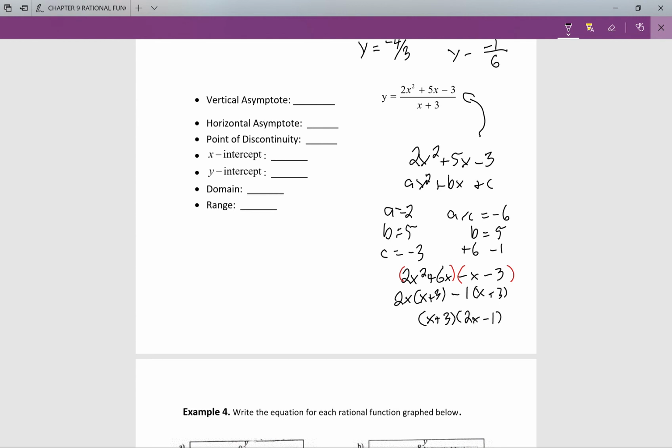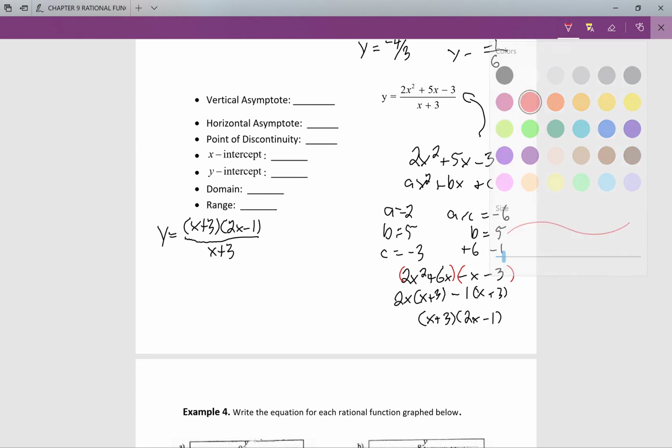So what does that tell me? That tells me that my new y is equal to x plus 3, 2x minus 1, all over x plus 3.